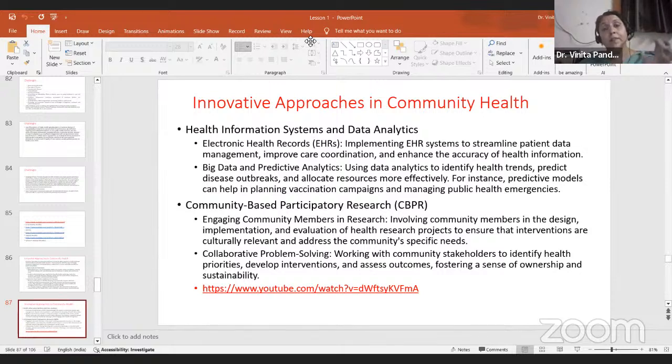And this model of participatory research is more effective. Collaborative problem solving: working with community stakeholders to identify health priorities, develop interventions, and assess outcomes, fostering a sense of ownership and sustainability. When you are involving different members of the community, the community also develops a sense of ownership that yes, we all are responsible for our health conditions.